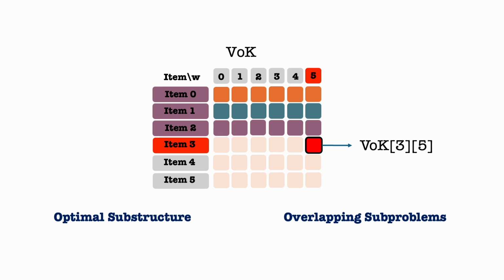So, in general, if we are solving a subproblem where the number of items is I and the current capacity of the knapsack is W, it means we already have solutions of all subproblems considering I minus 1 items. We will get the optimal solution of the 0-1 knapsack problem at the last cell, where n is the total number of items and c is the capacity of the knapsack.